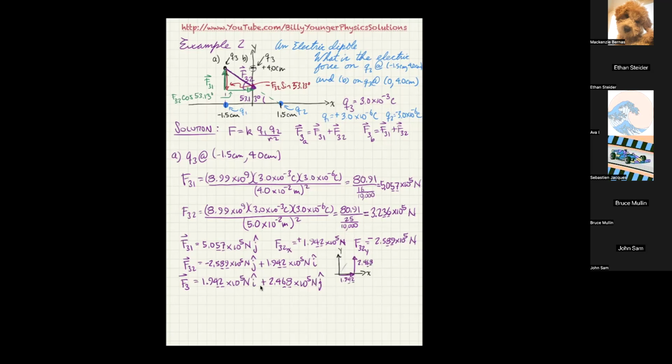So the actual resultant vector, F3, is this guy at an angle phi. So I can say F3 can also be written as, I'm going to take 1.942 and square it.